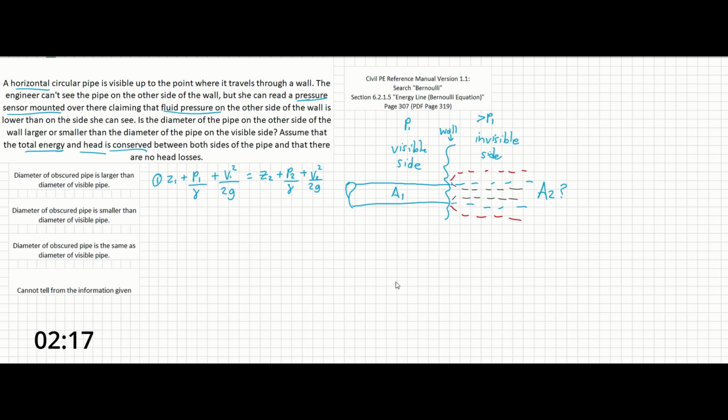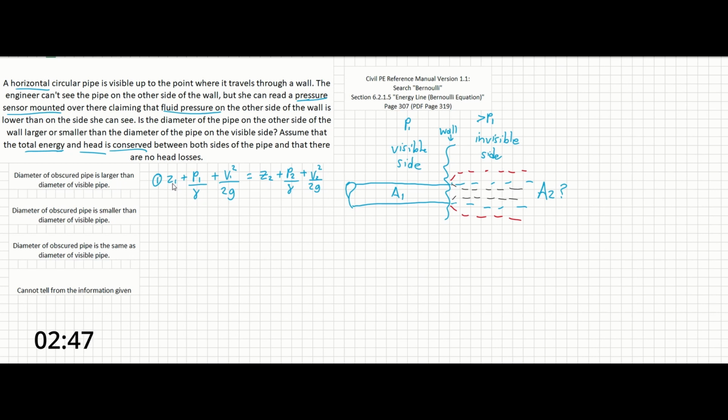So the problem is essentially asking us if the area, or diameter of the pipe specifically, on one side is bigger than the other. There's a few things we can do to simplify this immediately. The problem notes that the pipe is horizontal, so we can eliminate our elevation head from Bernoulli immediately.